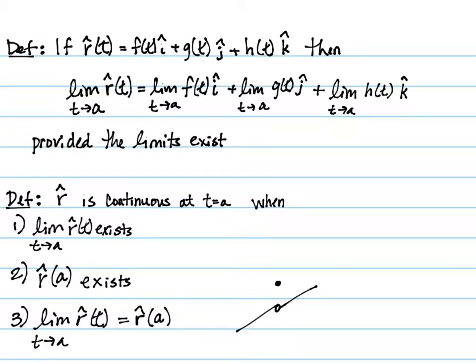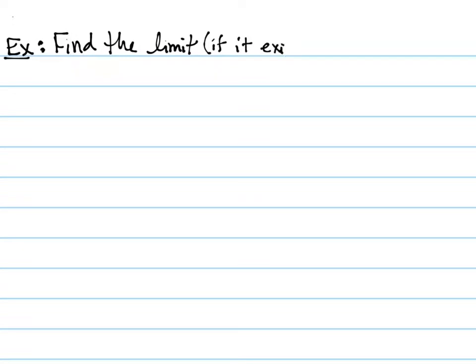All good? So we're going to find the limit, and we're also going to determine places where something's continuous. Two separate examples. First, we're going to find the limit, if it exists.